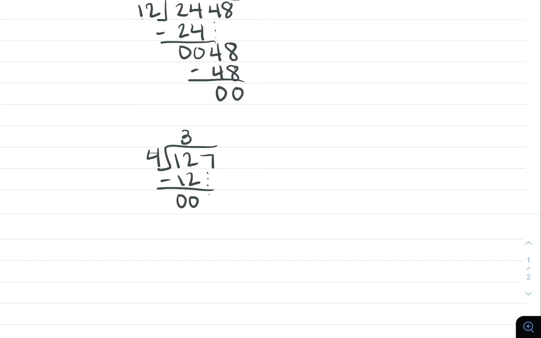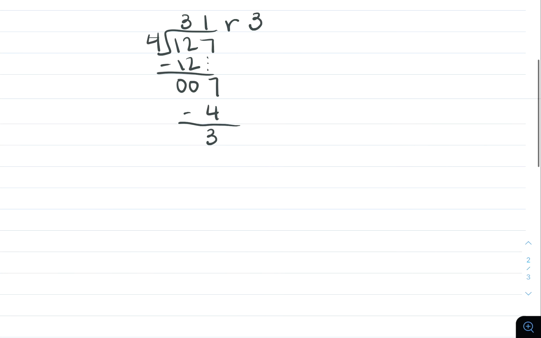Then we bring down our 7, and 4 goes into 7 only 1 time. Then we subtract that. 7 minus 4 is 3. So now we take that 3 and we're going to call it a remainder. So when you divide 127 by 4, your answer is going to be 31 with a remainder of 3.